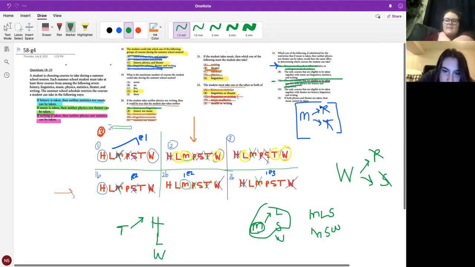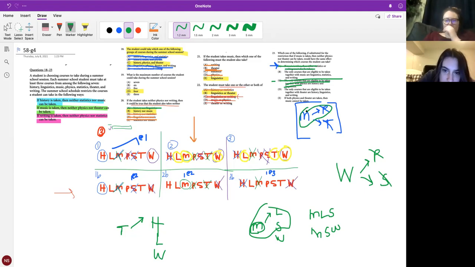But that doesn't tell us anything about the relationship between M and P. So I don't like that one. Because this isn't saying that if we have M, we don't have P, or if we have P, we don't have M. Oh, okay, I see. So we could have them with them, yeah. And we need it to be the same strength. So this isn't telling us anything about that. So we can cross that one off.